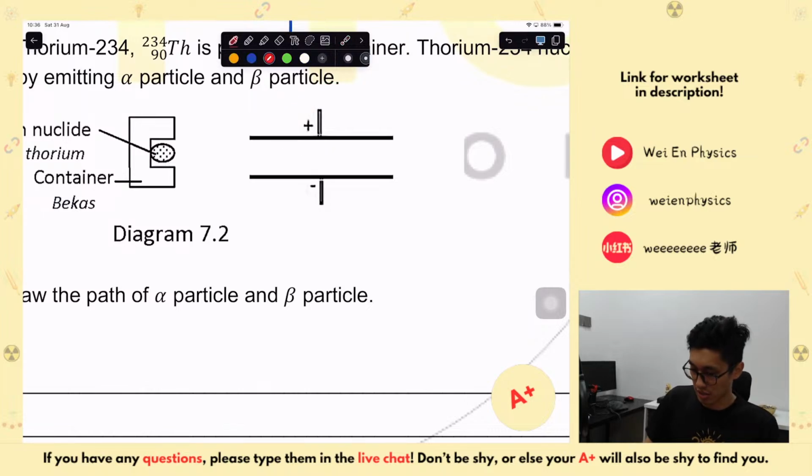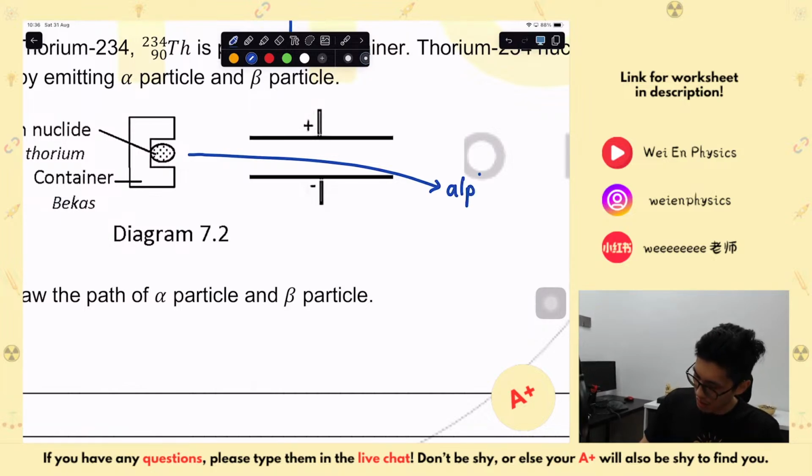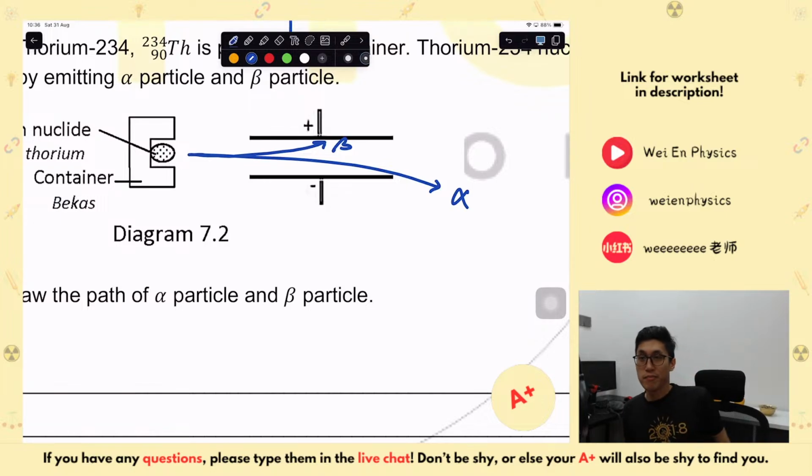So you draw like this. Alpha, or you can spell alpha, whichever one, and then the other one like that, beta.